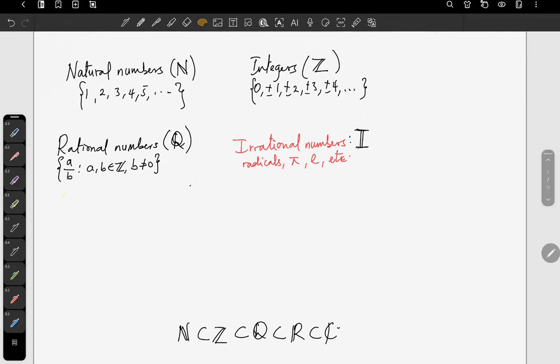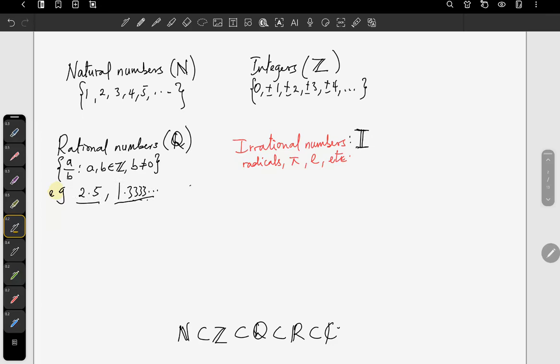What do I mean? We could have, for example, 2.5, which terminates. That is a rational number. 1.3333 and so on is also a rational number. So this first one is a terminating decimal number, and this other one is a non-terminating but recurring decimal number.